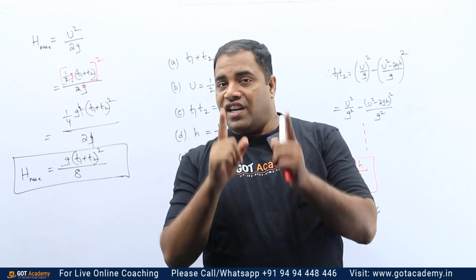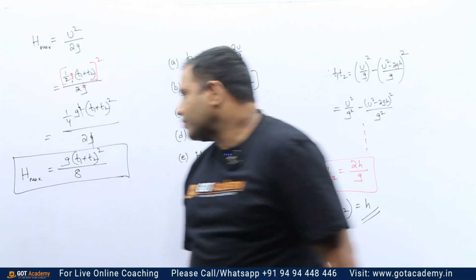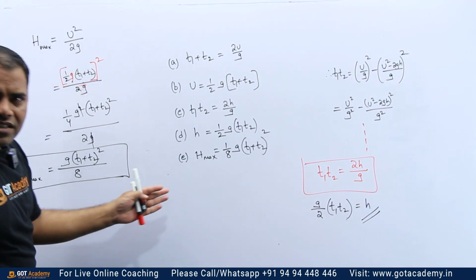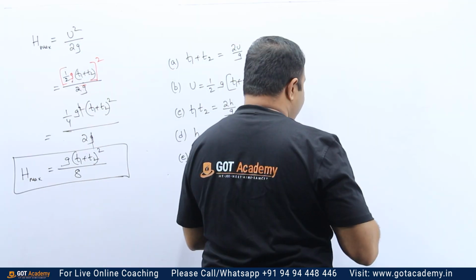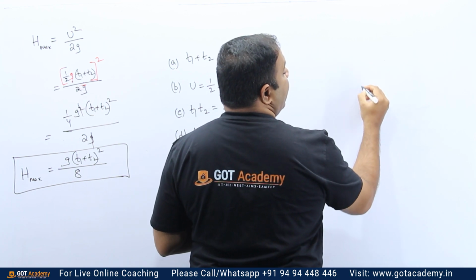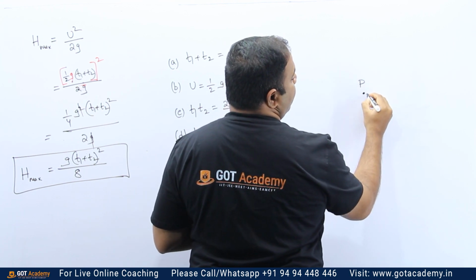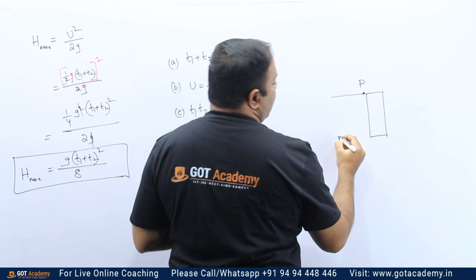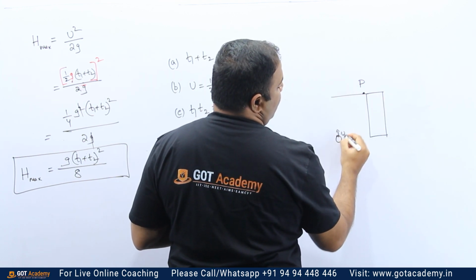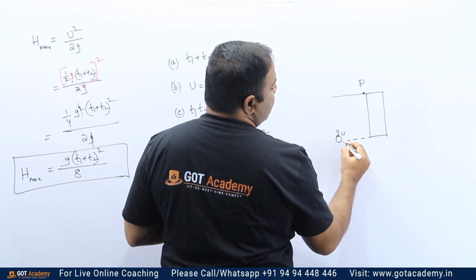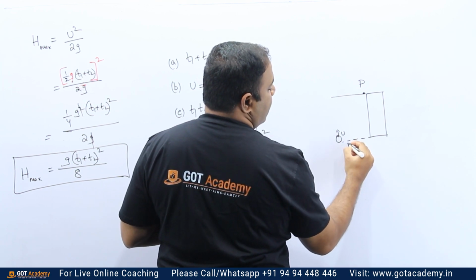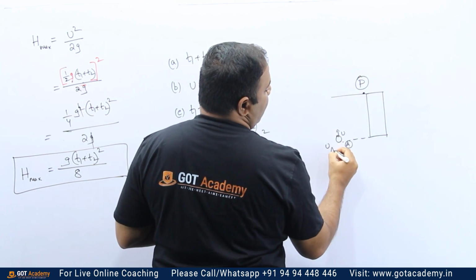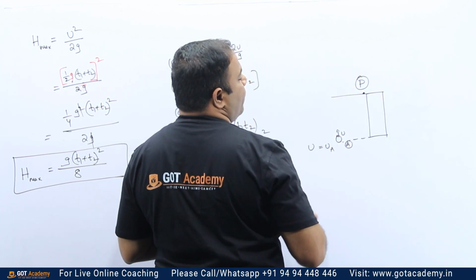In order to find out that, we need a clear diagram. So my dear children, you better take a screenshot of this one. What we are saying is that there is a point P here somewhere, on the roof of the building. A body is proceeding with the velocity u. Let this point be somewhere like A. This is point P. So let us say that the velocity at point A is equal to u.